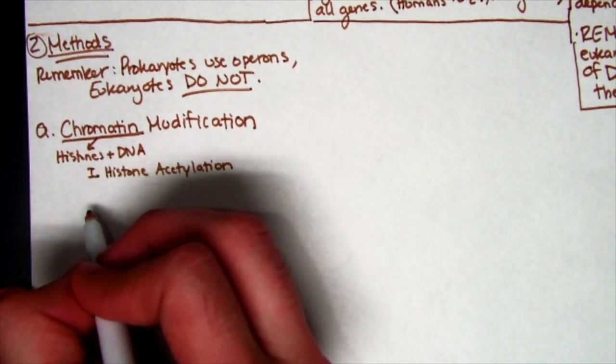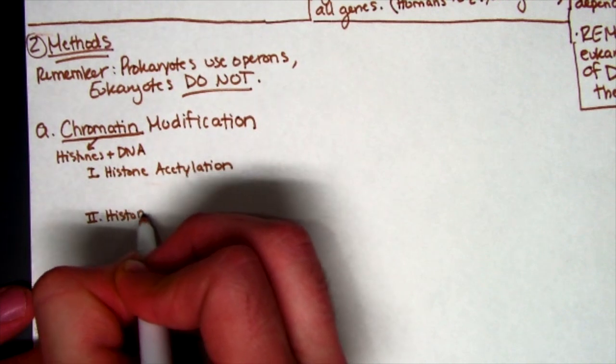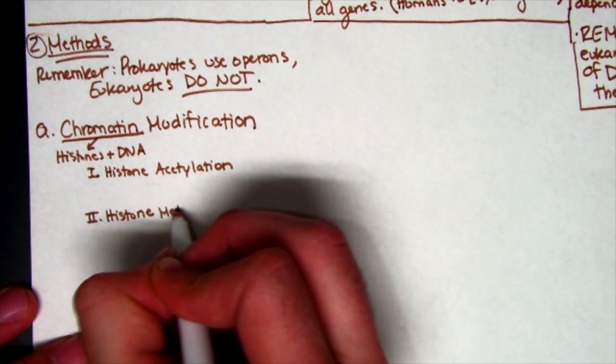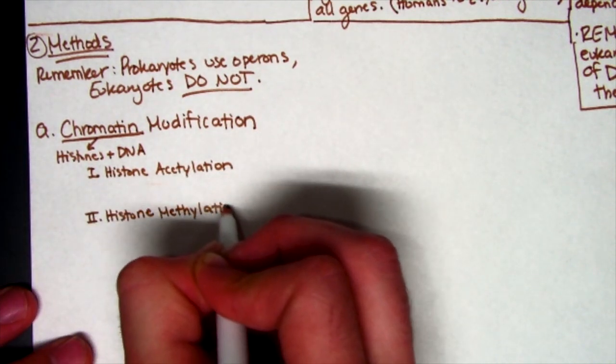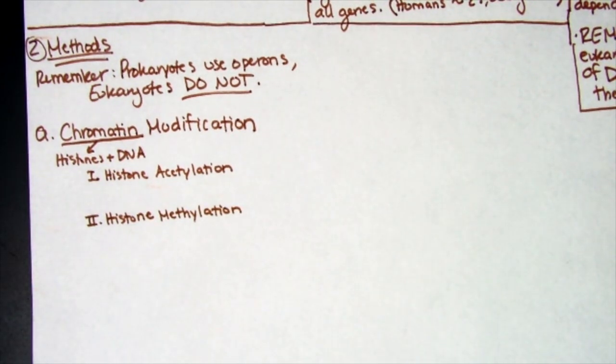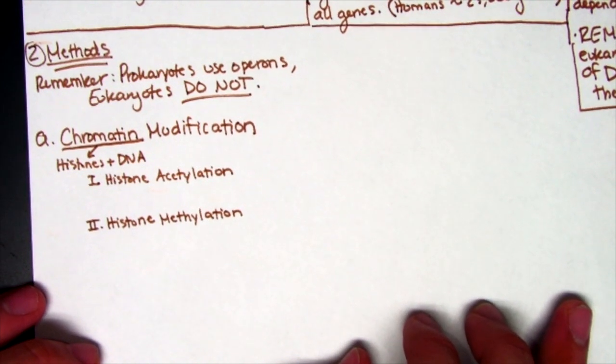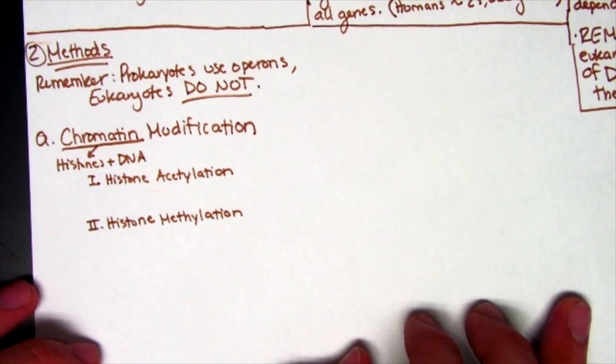The second way is histone methylation. Those two terms, acetylation and methylation, are just chemical groups that get added to the histones.